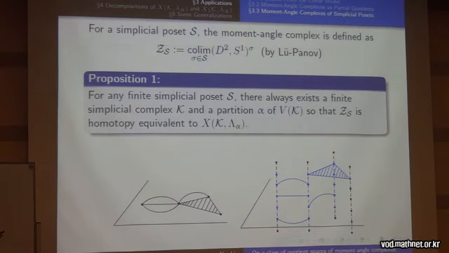And the proposition is that we can understand the moment-angle complex of a simplicial poset as such a space, X, K, lambda, alpha, where K is some finite simplicial complex and alpha is a partition of it. So the idea is very simple.